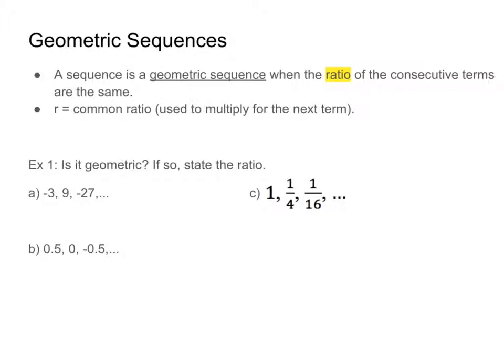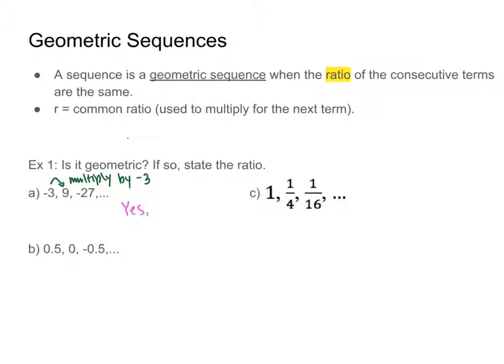If we look at the sequence, let's see if you can find the pattern here. We go from -3 to 9 to -27. For me, I can see that this is multiplying by -3. Because it's consistently multiplying by -3, that means this is a geometric sequence. So I'm going to say yes, it's a geometric sequence.